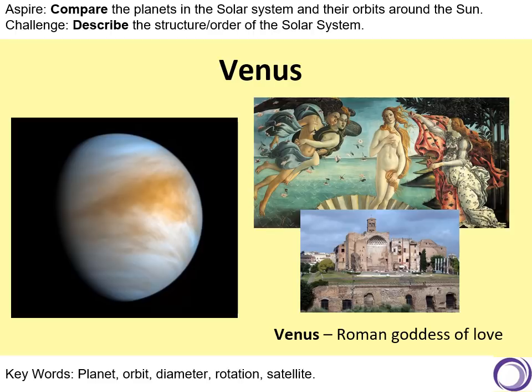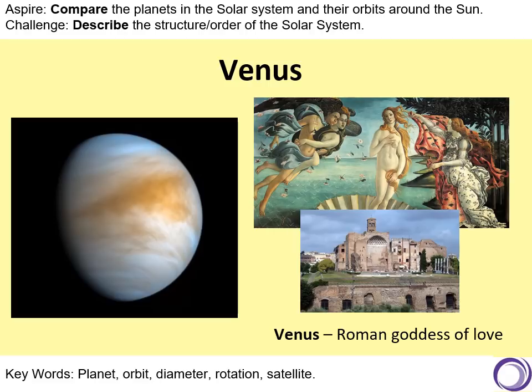It takes 242 Earth days for one day to happen on Venus, but it takes 225 days for it to go round the Sun. So basically, its day is longer than its year. Mind-boggling. Anyway, that is very strange.